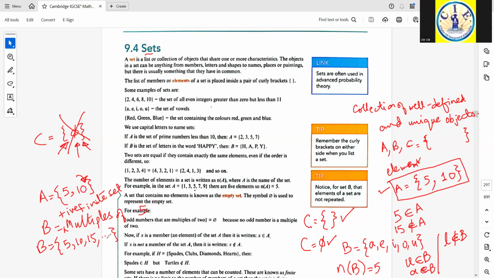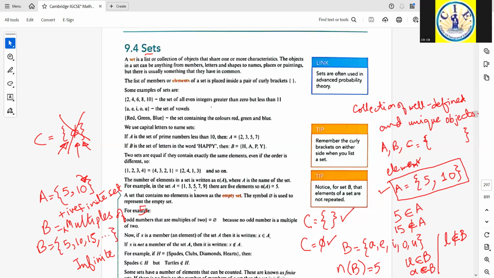Since our counting does not come to an end, it is infinite. So this set B would also be an infinite set because its last element is not included in this set. So this is the difference between a finite and an infinite set.